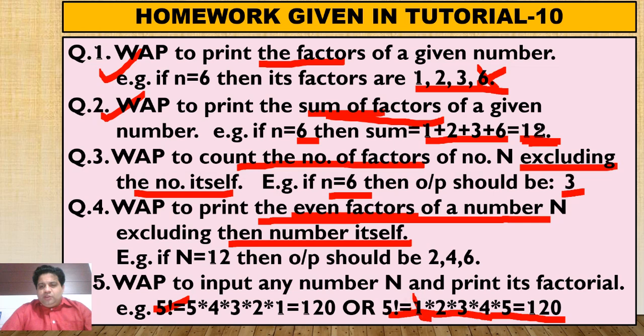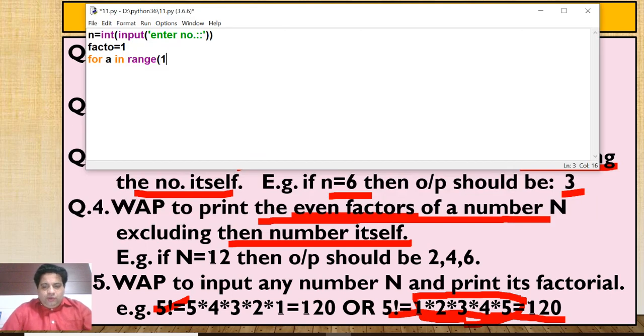So I am executing the loop from 1 to that number, which means range 1 comma n plus 1 comma 1. Now when you find the sum, you write sum equal to sum plus a. Similarly, when you find the product, you write facto equal to facto into a.